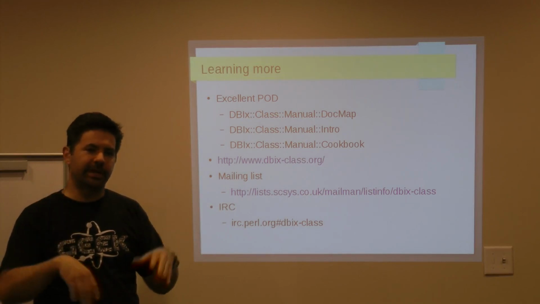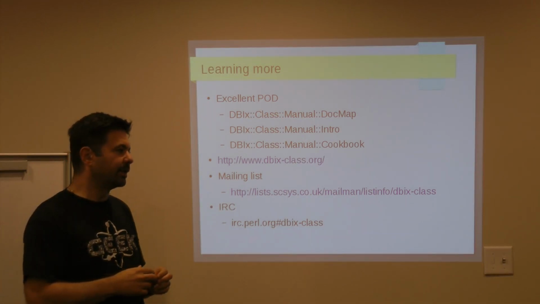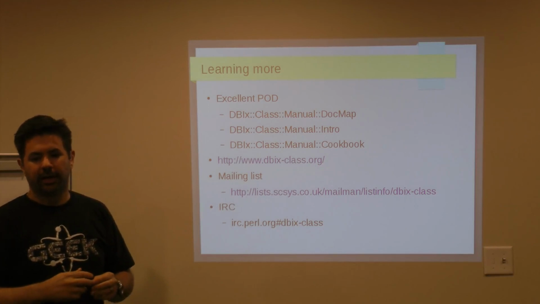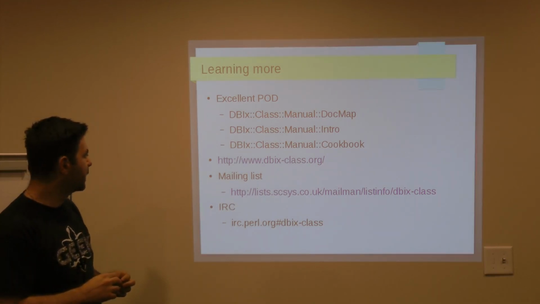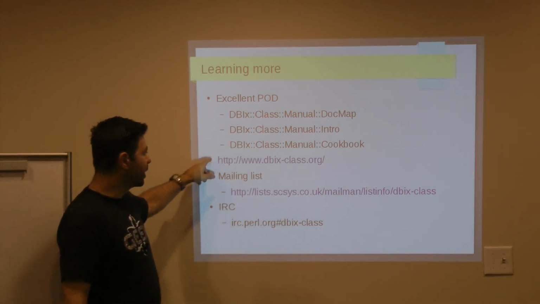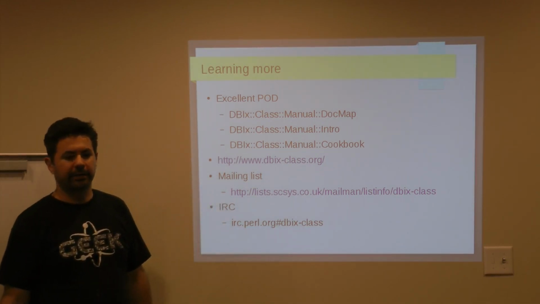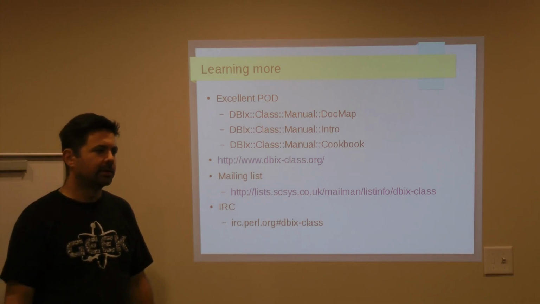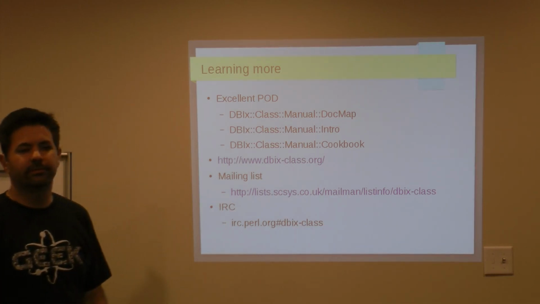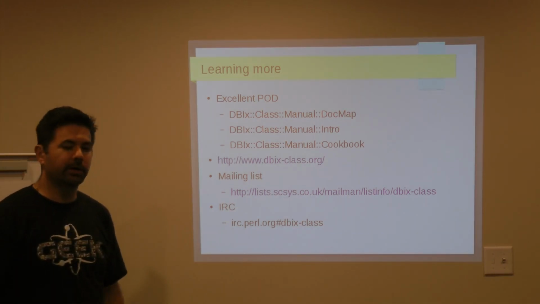You can add fields, add data, all that kind of stuff, and it's all based on DBIx::Class. So there's a website, there's a mailing list, there's an IRC channel, and there's a pretty active community behind it.